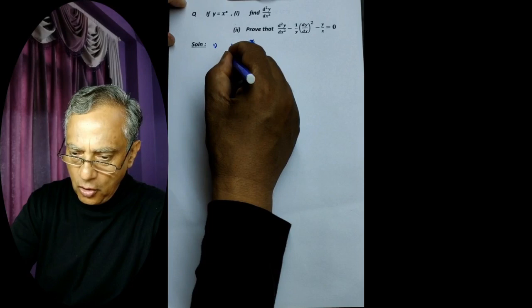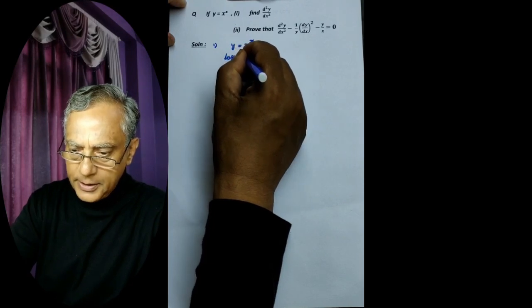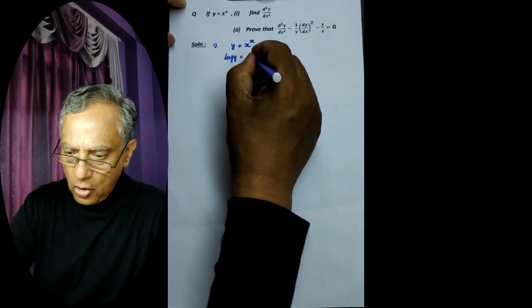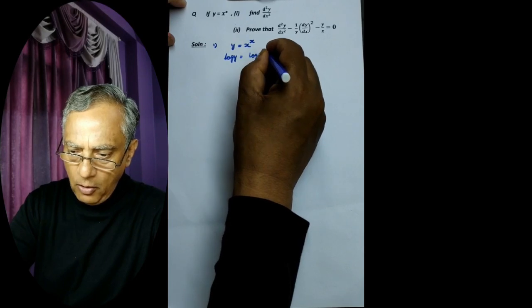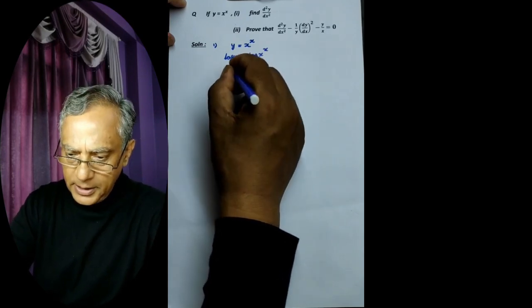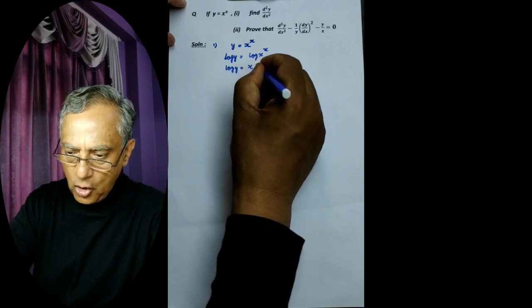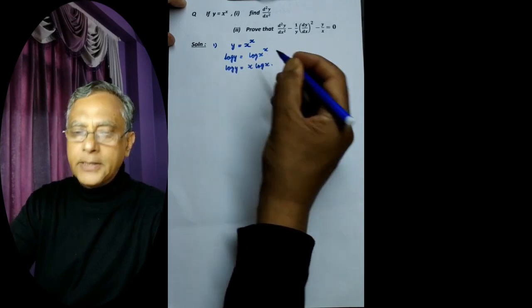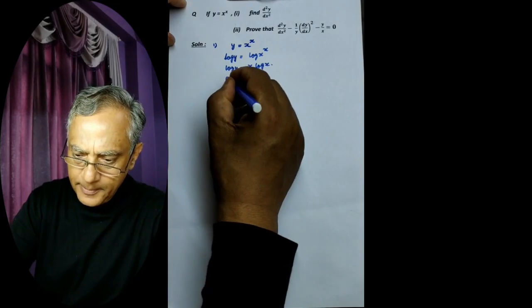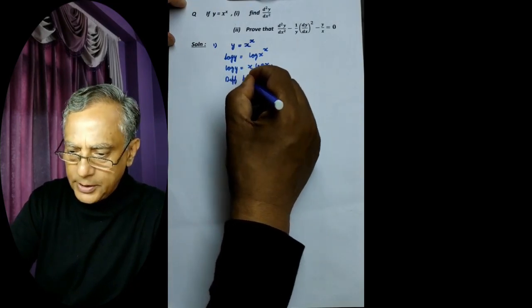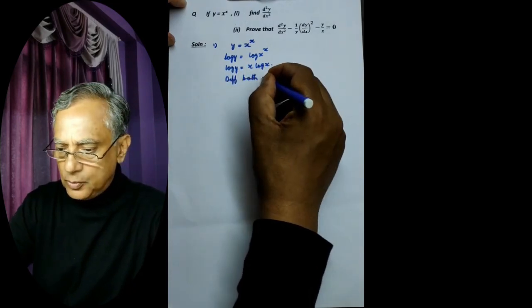We have log of y is equal to log of x to the power of x, that is log y is equal to x log x. Differentiating both sides with respect to x.